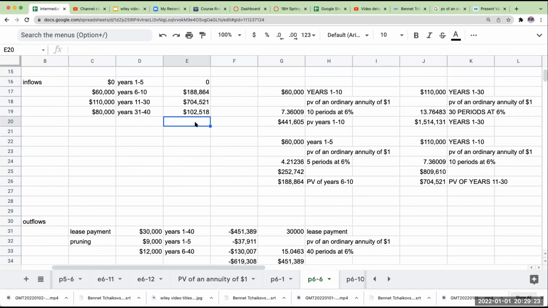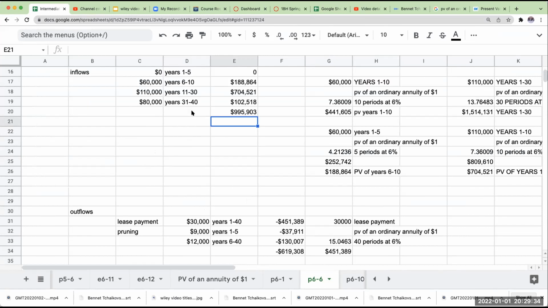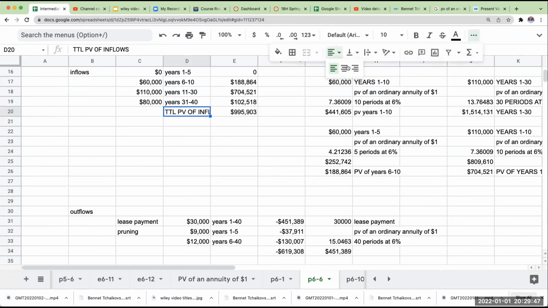So if we add up these different amounts, we get 995,903. The question's asking us, what's the minimum price that she should be accepting? So we would have our inflows of 995,903. So my total present value of these inflows is this right over here.